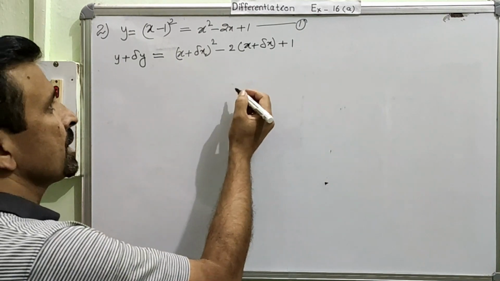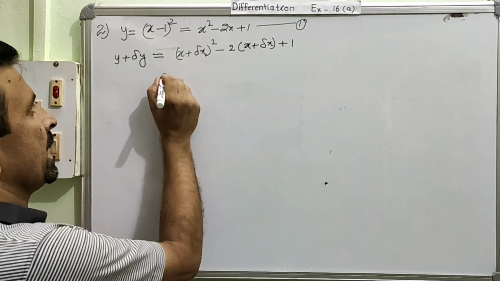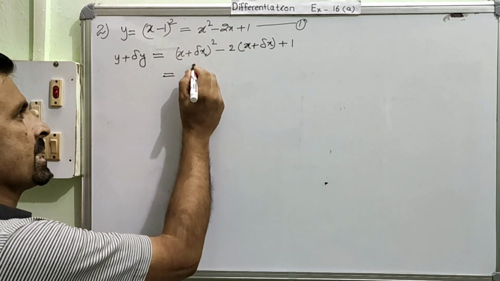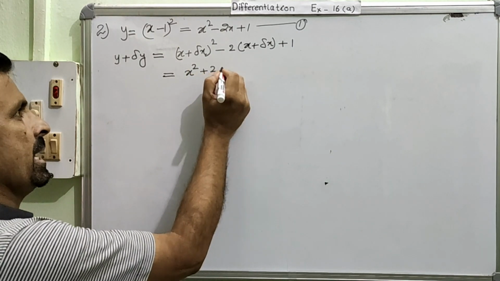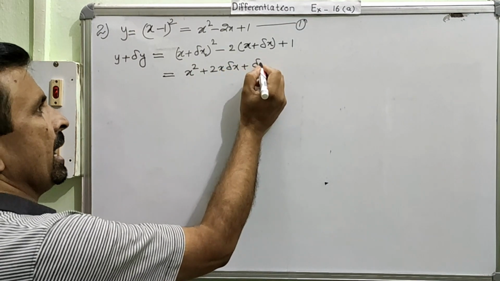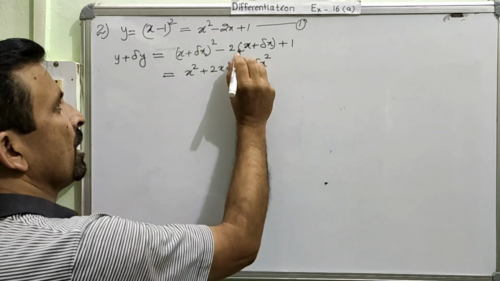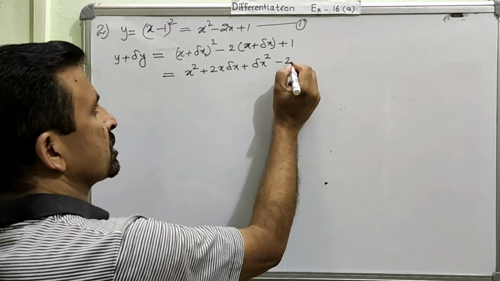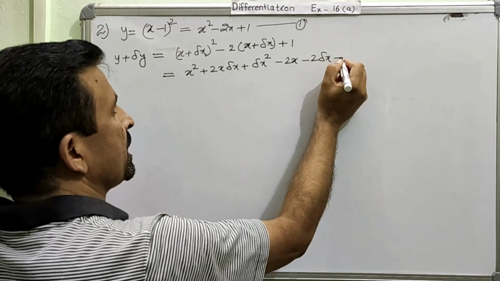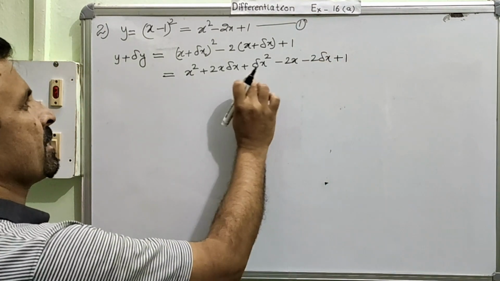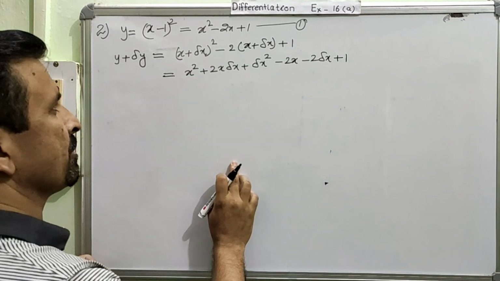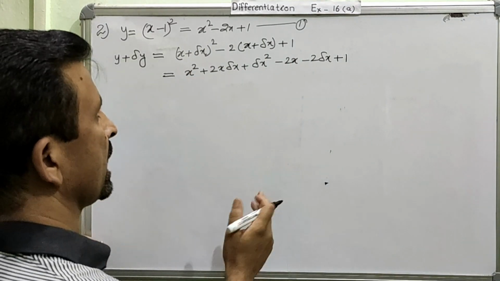Now we can use (a plus b) whole square once again. So this is x square plus twice x delta x plus delta x square. Now open this bracket: minus 2x minus 2 delta x, and this is plus 1. After simplifying this function, we also simplify one more step if there is any like term.